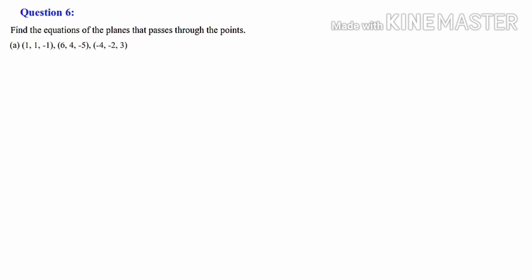Next we shall discuss question number 6. Find the equation of the plane that passes through the points (1, 1, -1), (6, 4, -5), (-4, -2, 3). So three points are given to you.